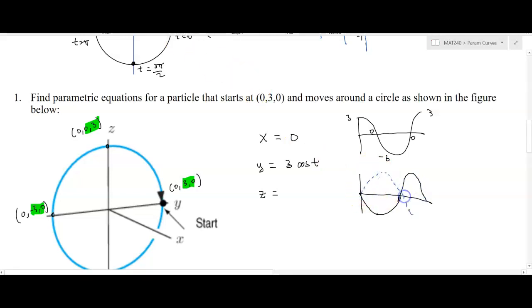The negative of a sine function will just reflect it about the horizontal axis, but I want this to be negative 3 and I want this to be positive 3. So if I take negative 3 sine of t, I will be able to model this. And so the position of my particle, if I wrote it as a vector, would be the vector 0, 3 cosine t, and negative 3 sine t.